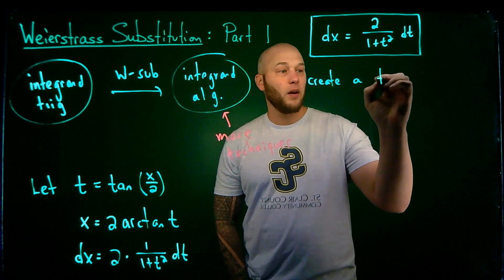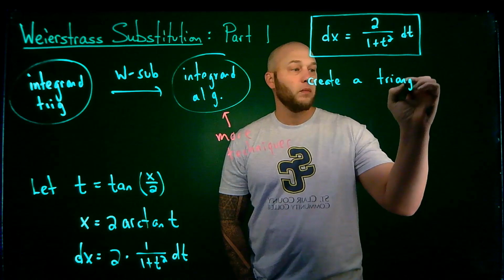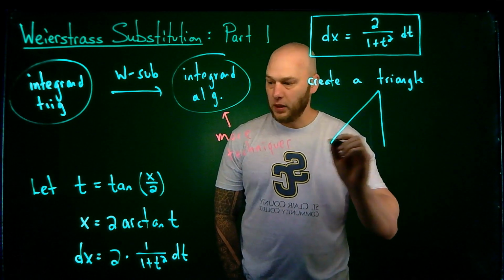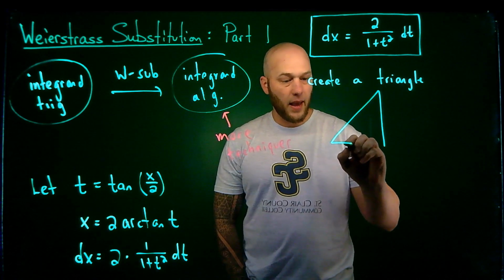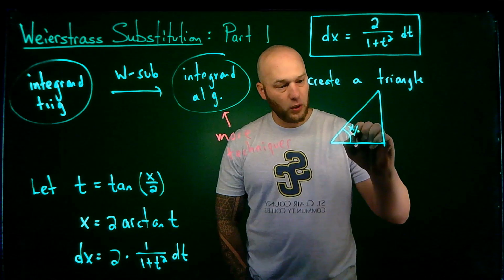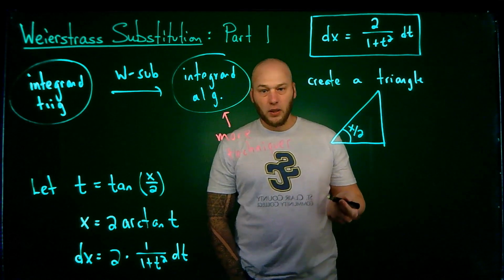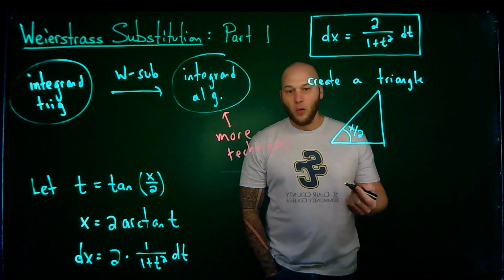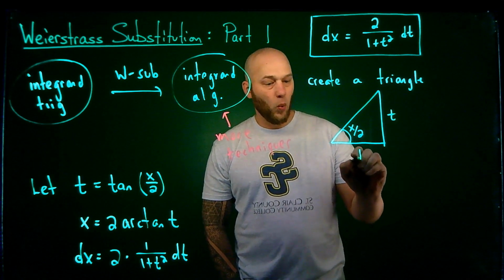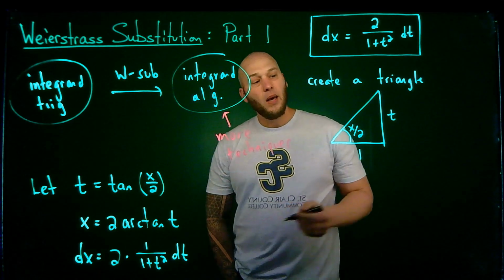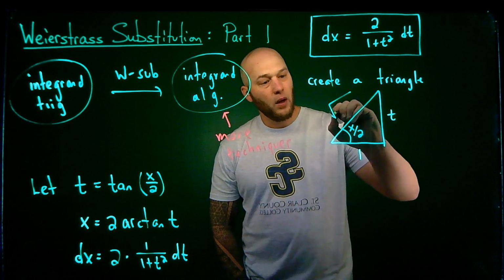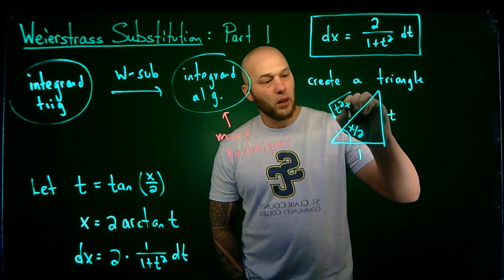The argument of the tangent function is going to be my angle, so this would be x over 2, and remember the tangent is the opposite over the adjacent, so this would be a t and this would be a 1, so t over 1 is t, and then using the Pythagorean theorem, the hypotenuse would be the square root of t squared plus 1.